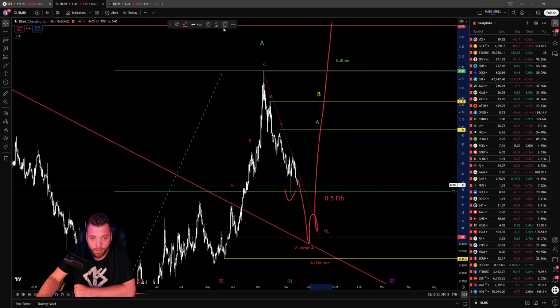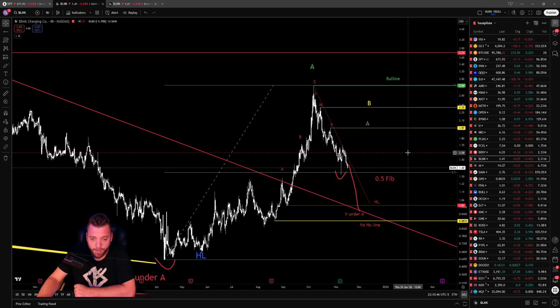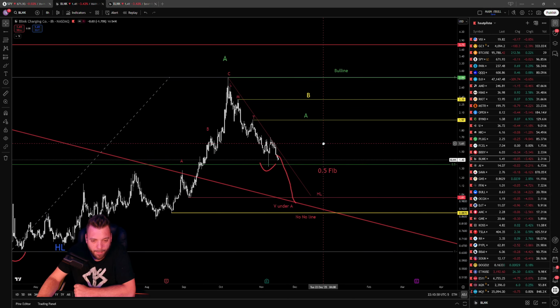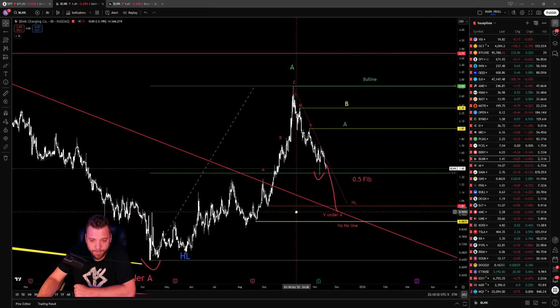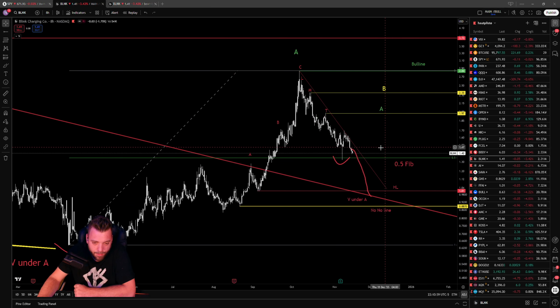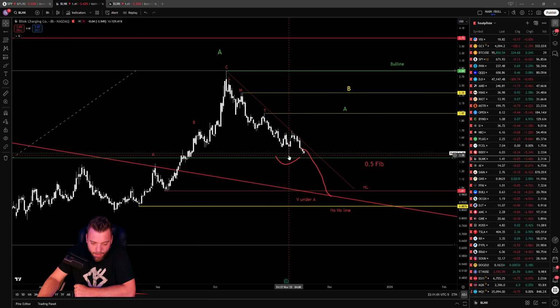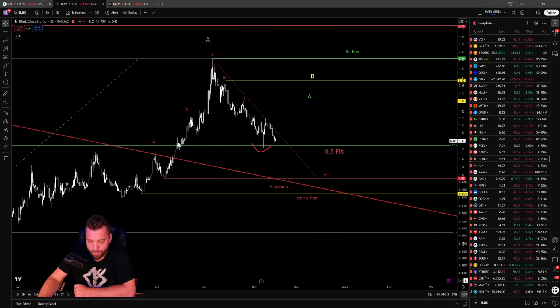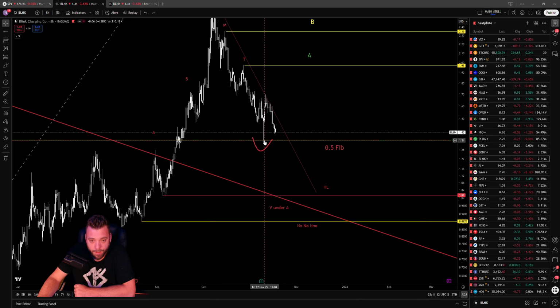So let's look at the A pullback. Quite the same like FCEL, or absolutely the same like FCEL. So the 0.5 is from your absolute low to your A, and on November 7, we knifed to it and immediately bounced off it. So for the bullish version, this was your V, and right now you're doing high-low.